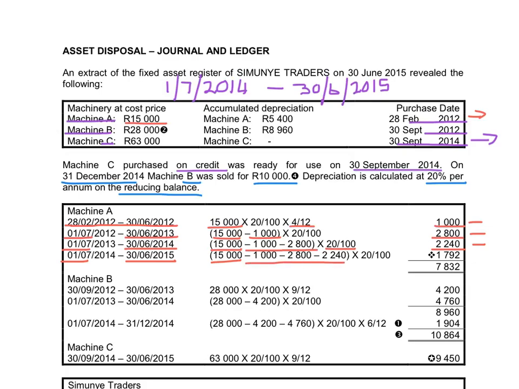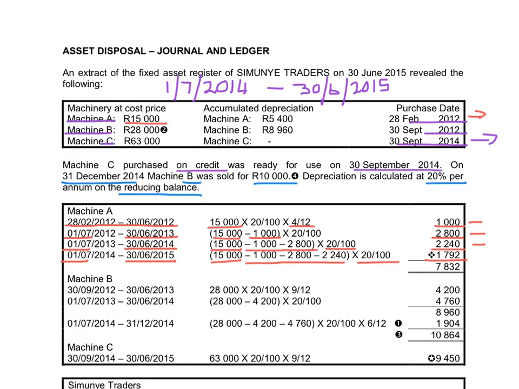We use machine A for the full year, so we will calculate 20%, and that means that the depreciation for the current year on machine A will be 1,792.